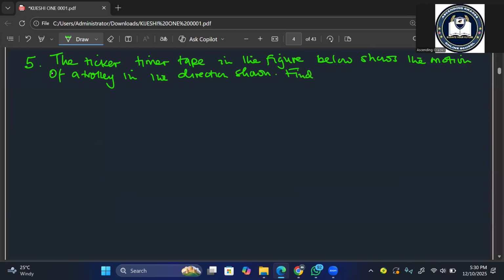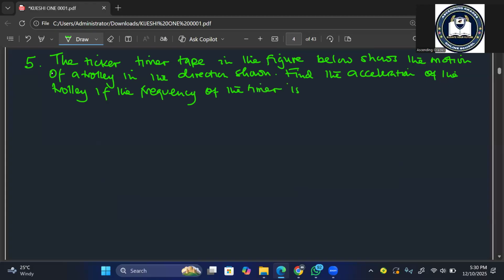Find the acceleration of the trolley, if the frequency of the timer is 50 hertz.